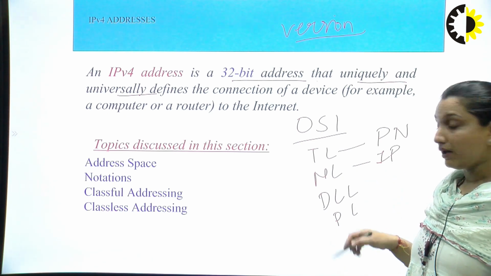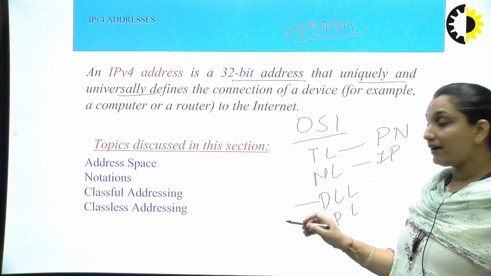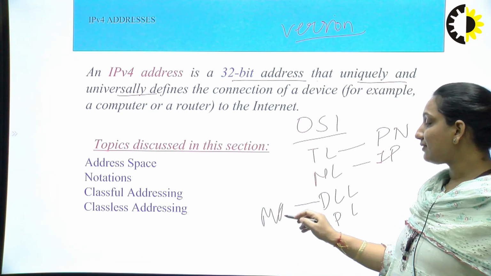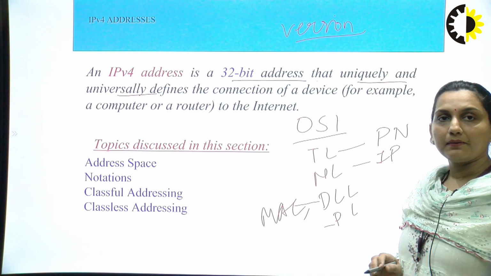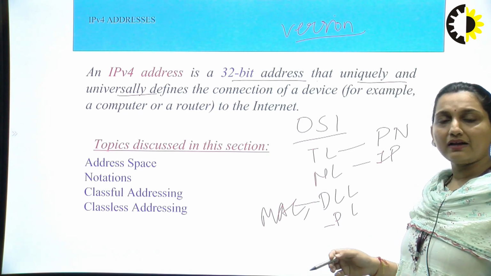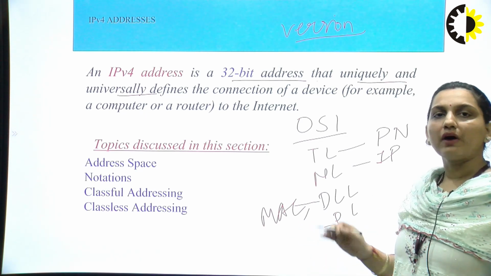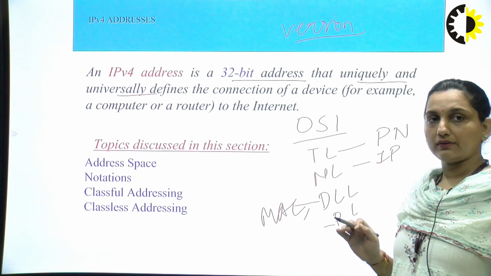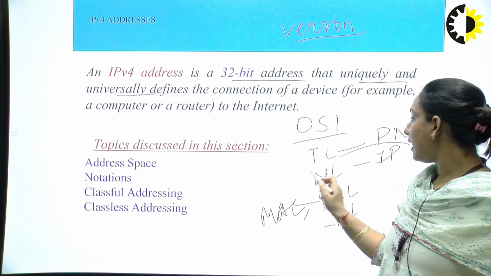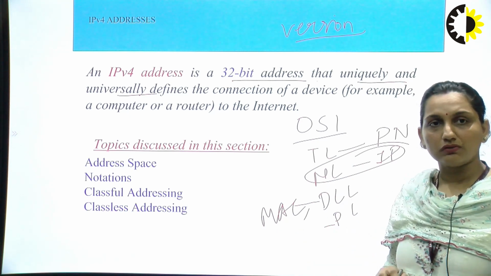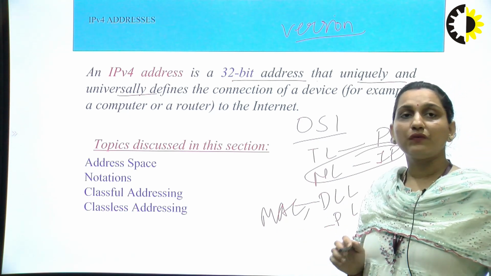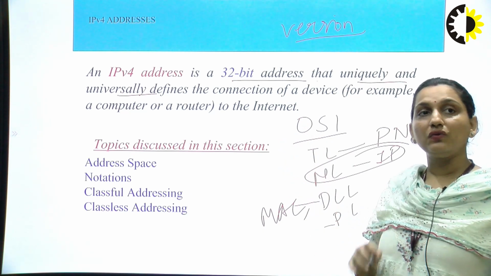In the data link layer there is a MAC address, which is a physical address, and in the physical layer we have wired or wireless media. So the IP address is also known as the logical address, and it has to be uniquely and universally defined.